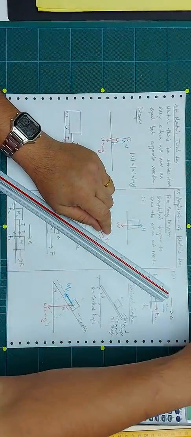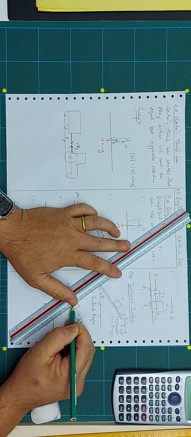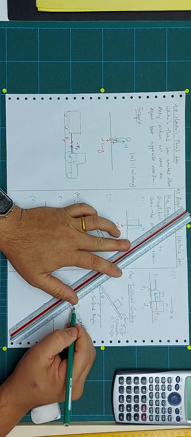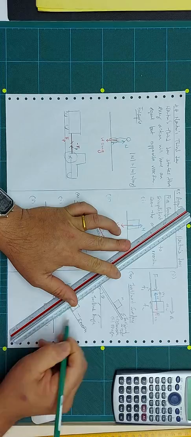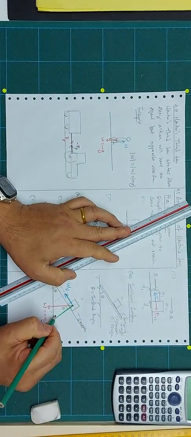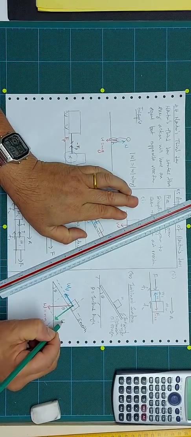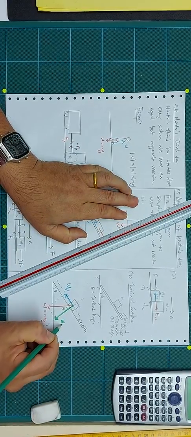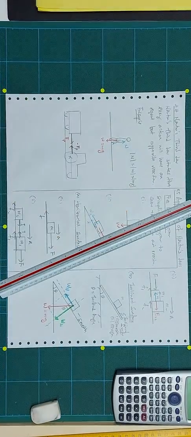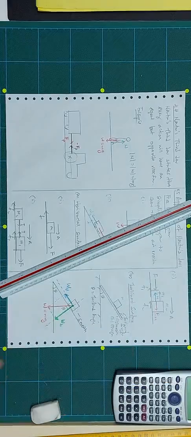The next one is this component, which is perpendicular to the surface, and we call this one W perpendicular.